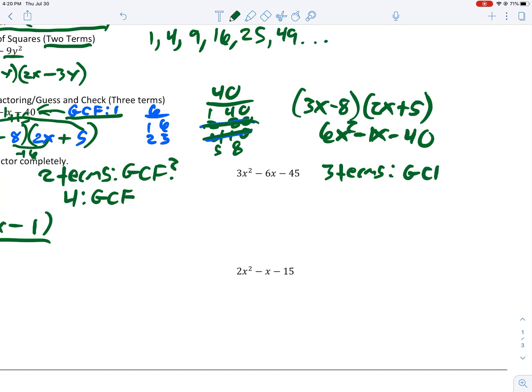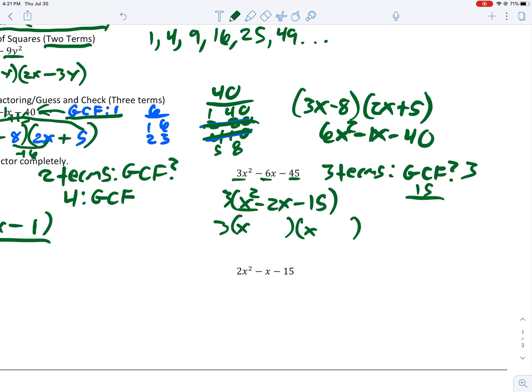Okay, three terms. Is there a GCF? Well, I noticed that they're all divisible by 3. If I factor out a 3, I have x squared minus 2x minus 15. That makes it a little nicer. If that's going to factor, it's got to be two binomials. The only way to get x squared is x and x.